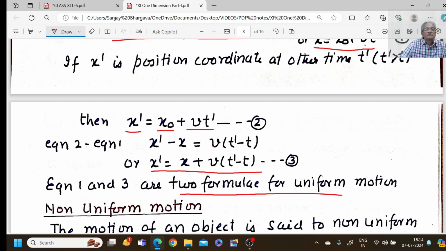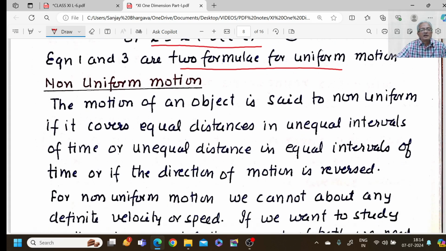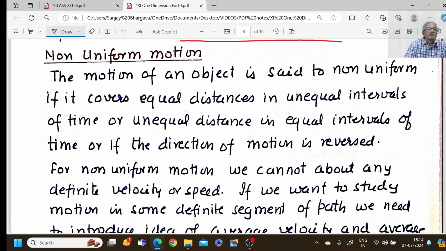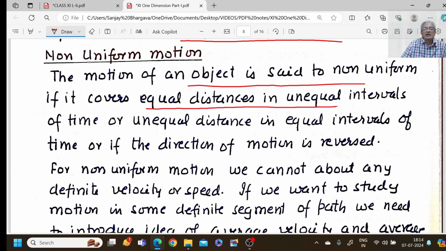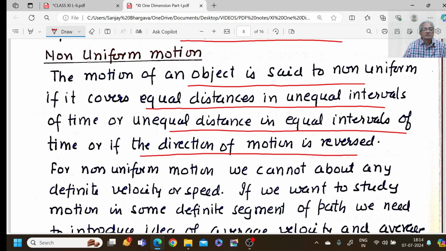For non-uniform motion, let us first describe what is non-uniform motion. The motion of an object is said to be non-uniform if it covers equal distances in unequal intervals of time, or unequal distances in equal intervals of time, or if the direction of motion is reversed.